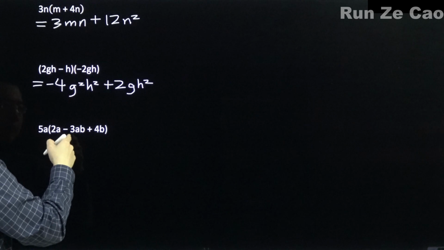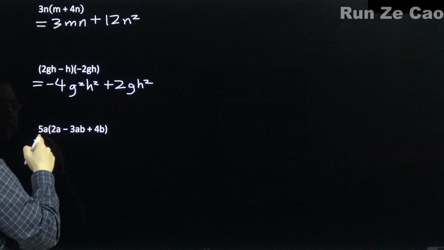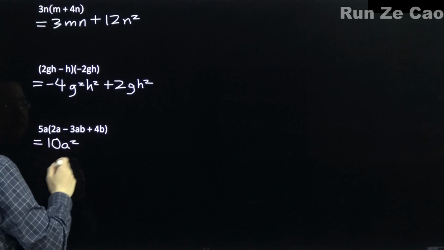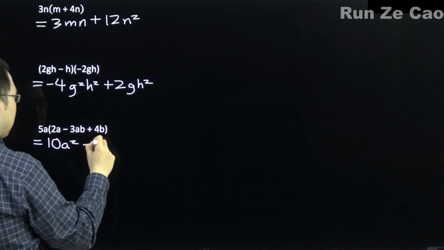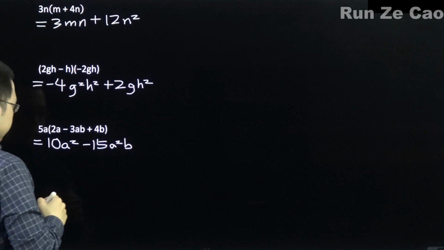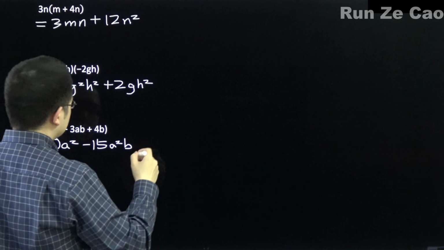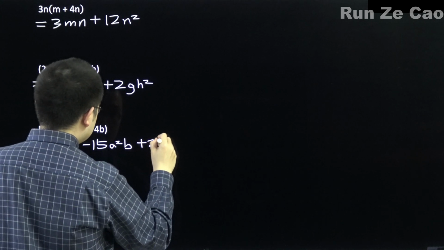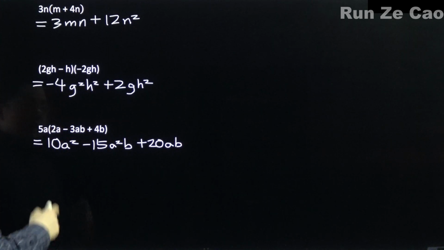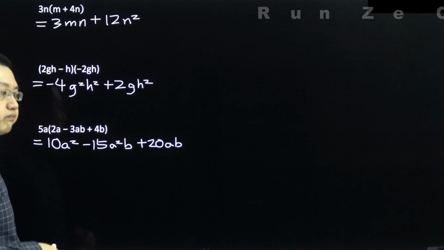5a times 2a minus 3ab plus 4b will leave us with 5a times 2a is 10a squared. 5a times negative 3ab is minus 15 for the coefficient, and then a squared b, plus 5a times 4b, that's plus 20ab. Notice that here we didn't write it in order of degrees.